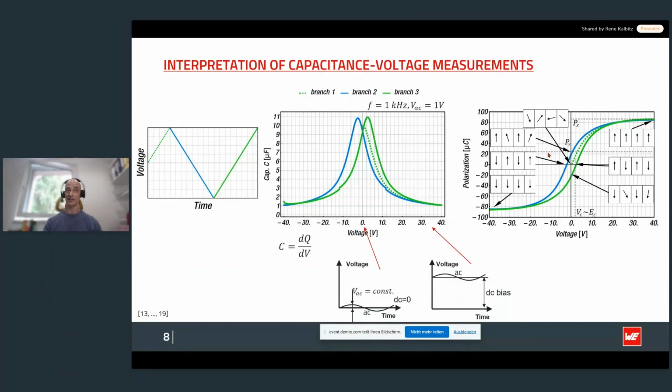Hence, the capacitance, which is per definition dQ over dV or delta Q divided by delta V, decreases with increasing voltage. That's what you see here in the middle.